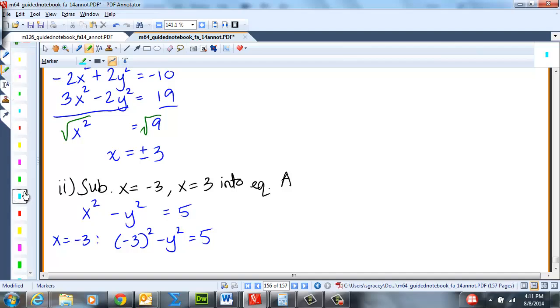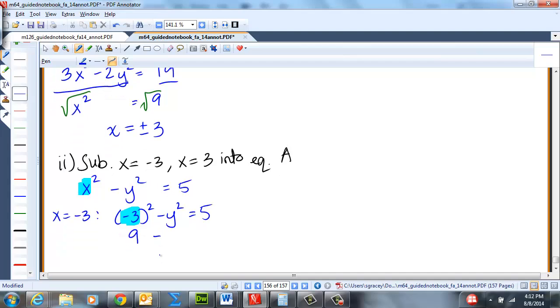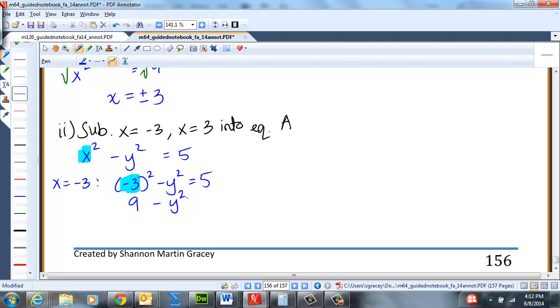So I plugged in -3 in for x this time. And that'll give us 9 minus y squared is 5. Negative y squared is -4, which is y squared is positive 4. So square rooting, we will get y is plus or minus 2.